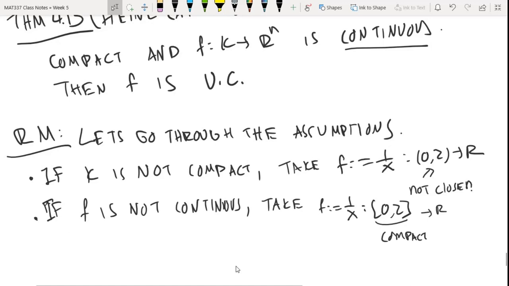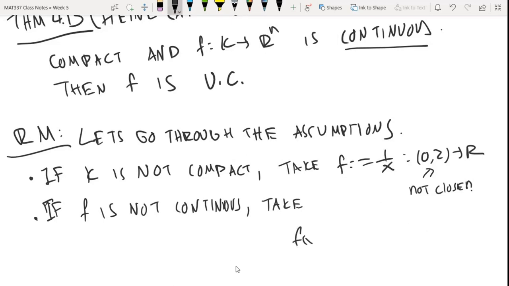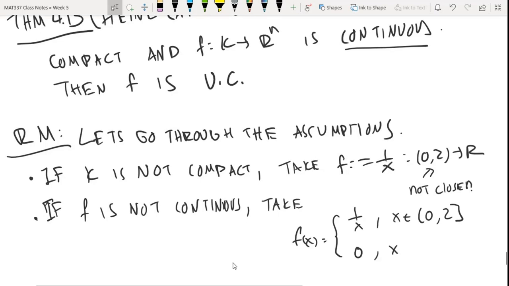But let me write it more carefully. So take f of x to be 1 over x, and then just make it, I don't know, 0 at 0. Something like that.